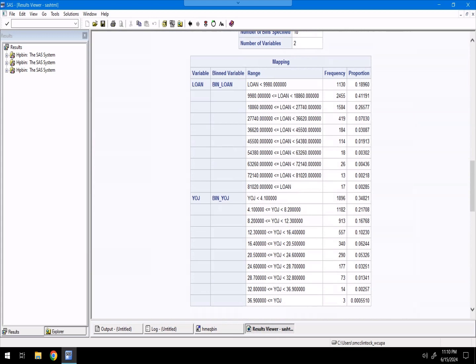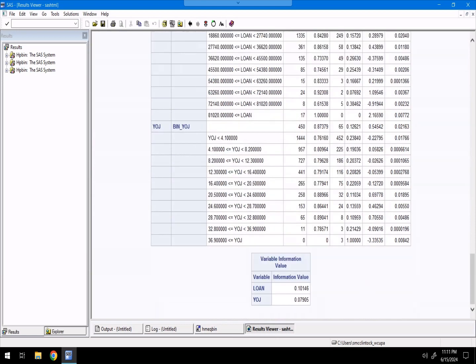So this is the first instance of HP bin, where it creates the bins. Here's some sample output from the second instance, where it creates the weight of evidence. The weight of evidence, I believe, is that second column.